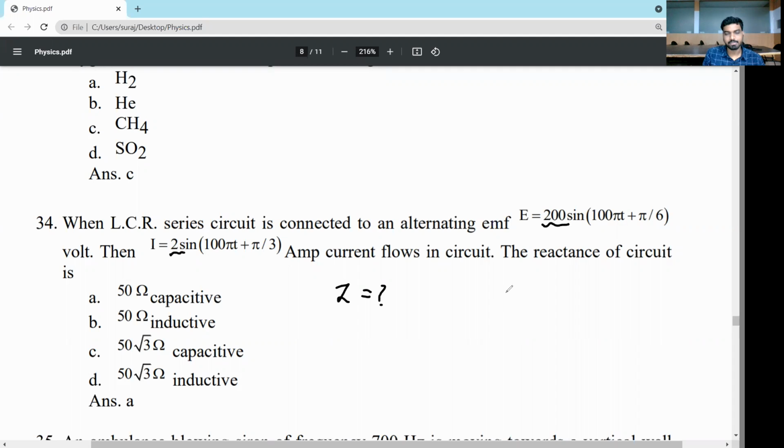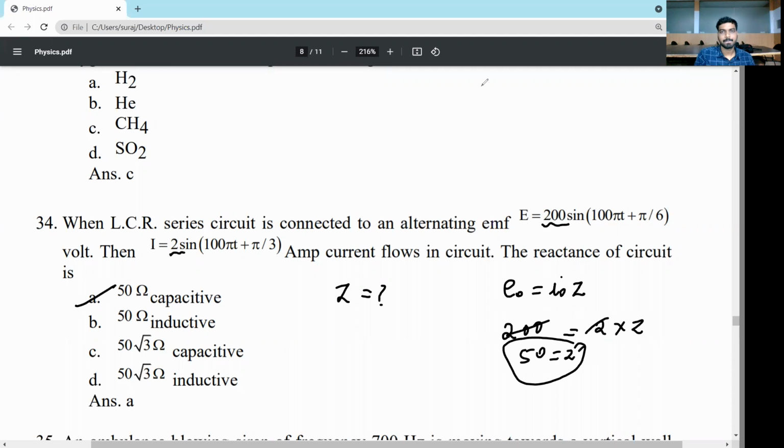I can write E naught equal to I naught times Z. E naught is 200, equal to I naught, which is 2, into Z. Z equals 50. Option A is correct.